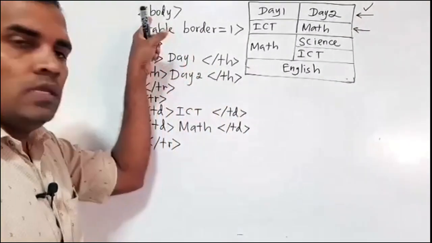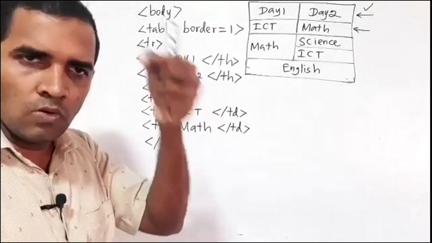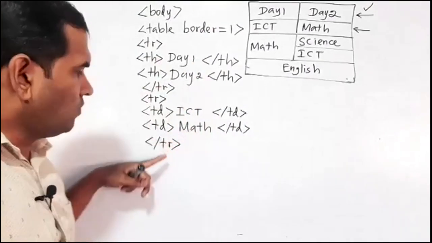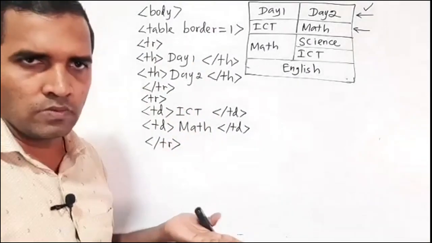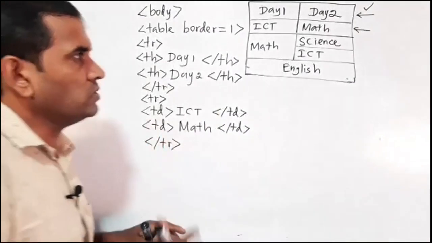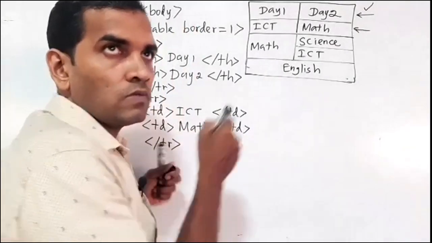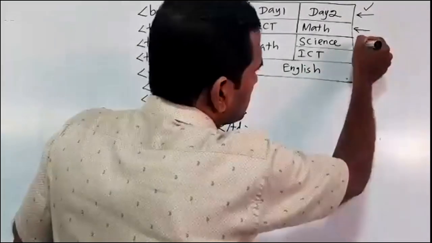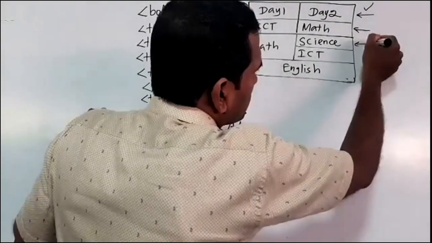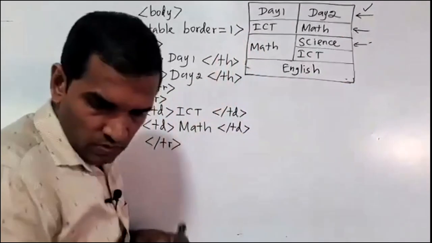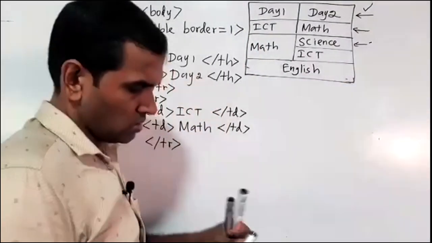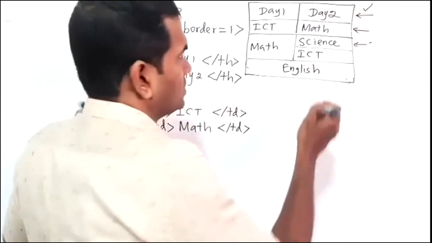Look here, in a table we create row by row. So my next step would be creating the next row. Watch it carefully. I'm going to create the third row, this one.